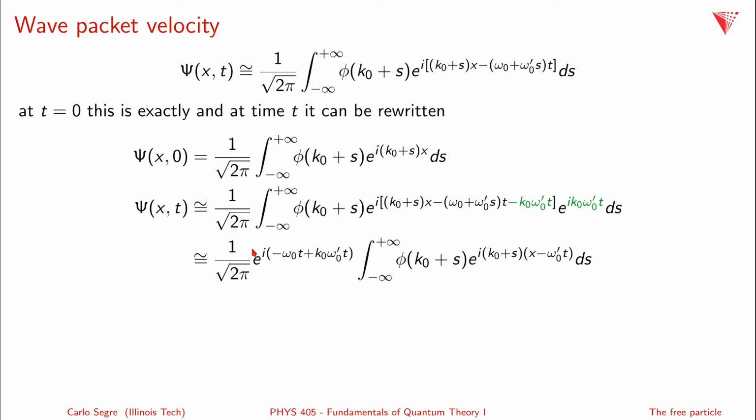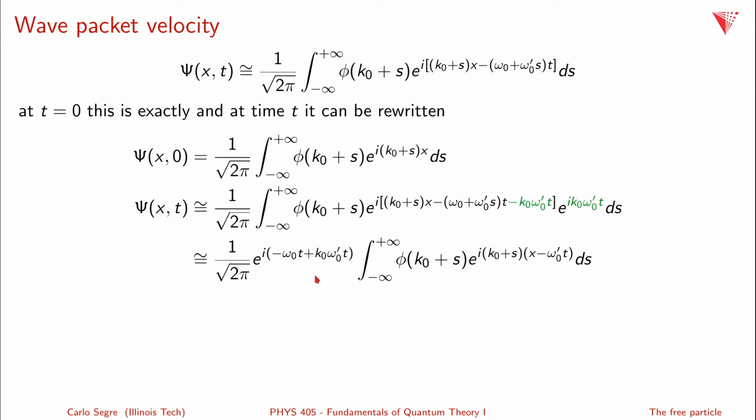1 over square root of 2 pi e to the i (minus omega naught t plus k sub 0 omega sub 0 prime times t). And then what's left in this can be recast.